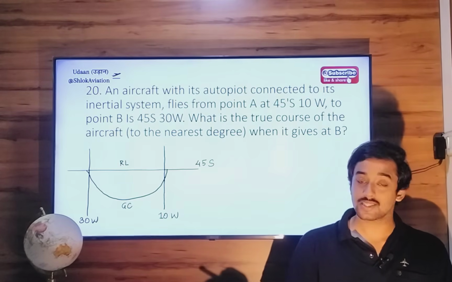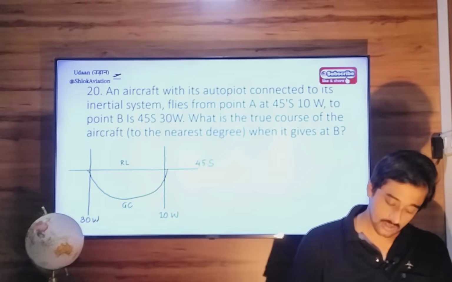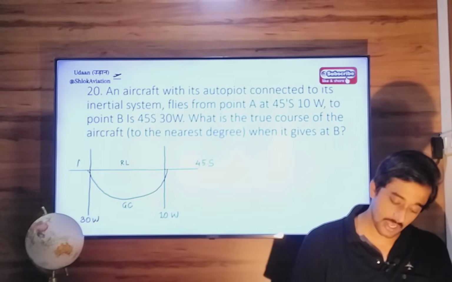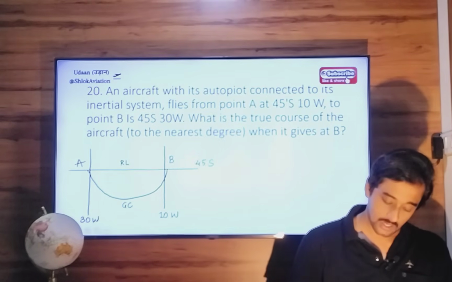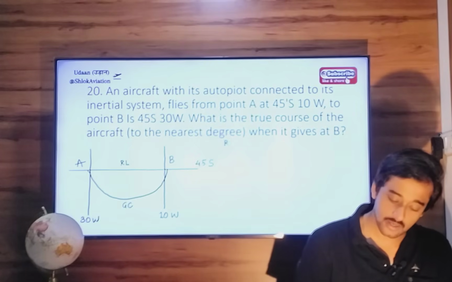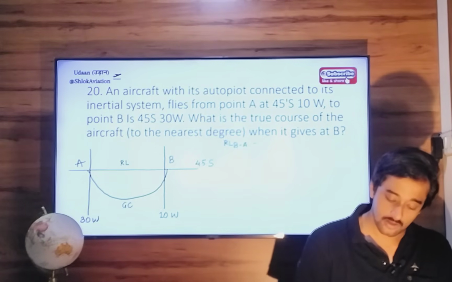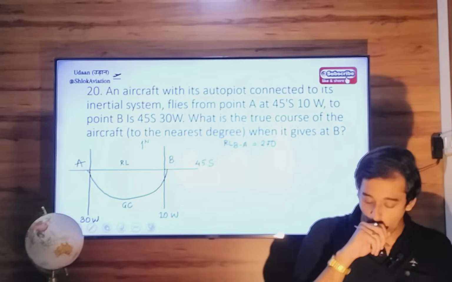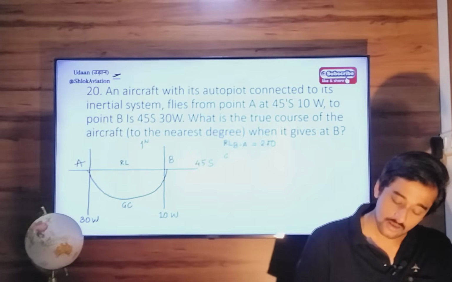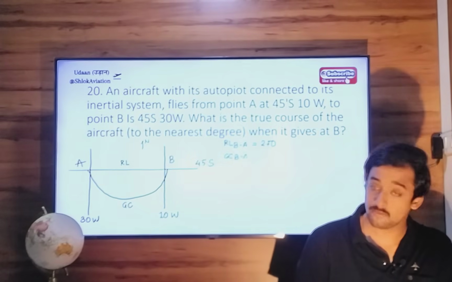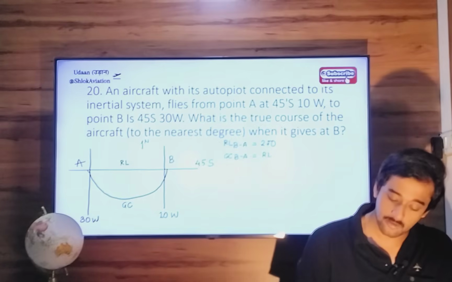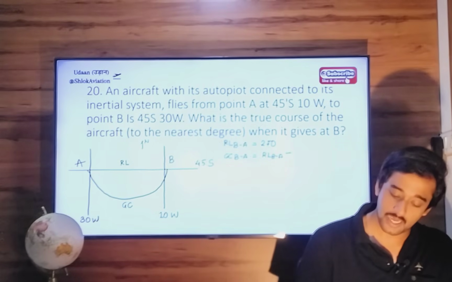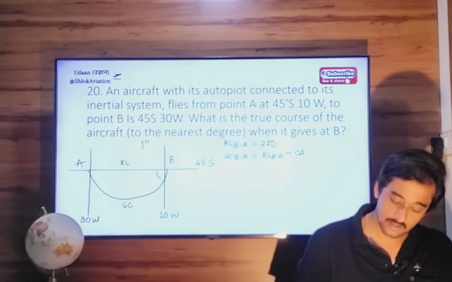Since both A and B are located at the same latitude, the rhumb line track B to A will be 270, considering this is your north hemisphere, south hemisphere. So great circle B to A will be rhumb line B to A minus the convergency angle.